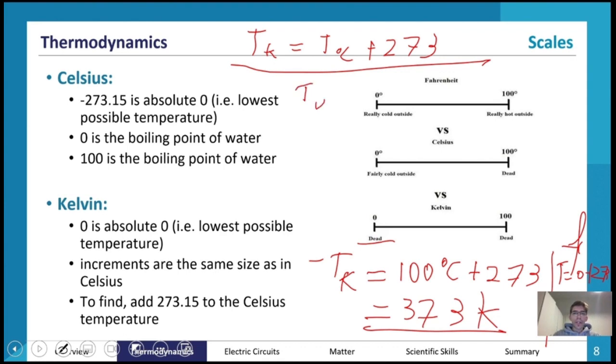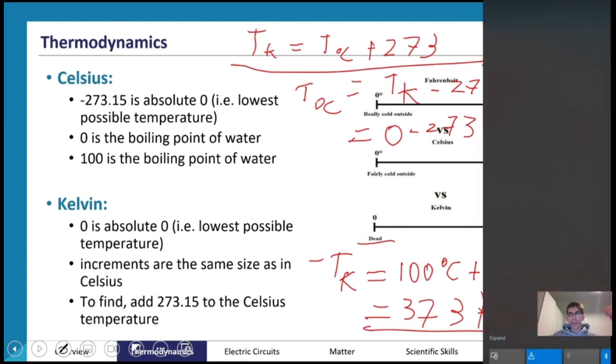We can rearrange to find the temperature in degrees Celsius by subtracting 273 from the temperature in Kelvin. So if 0 Kelvin is the lowest temperature that we can achieve, or at least the lowest temperature that exists, subtracting 273 from it would leave us with negative 273 degrees Celsius.